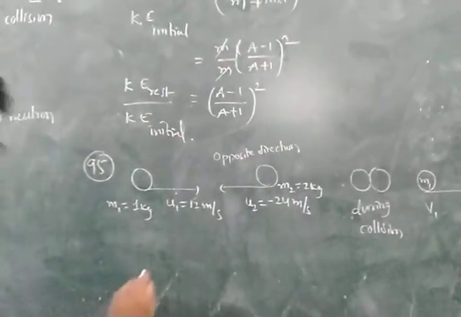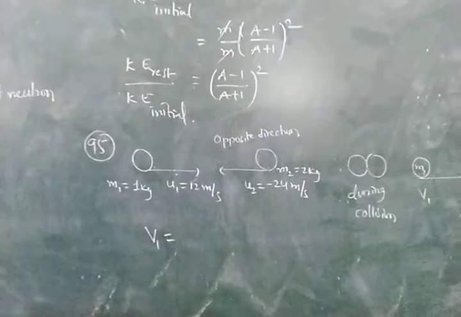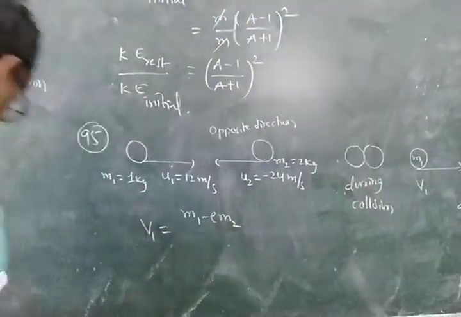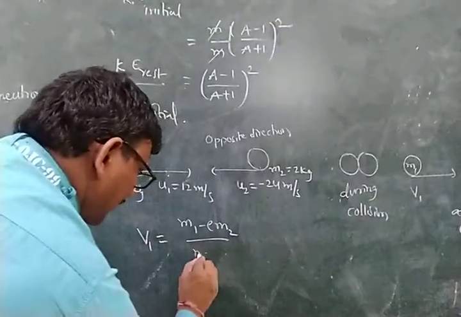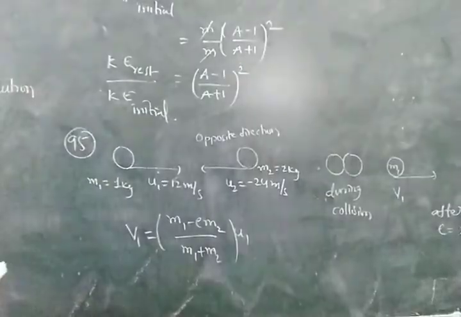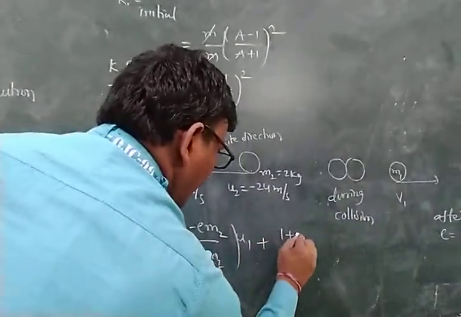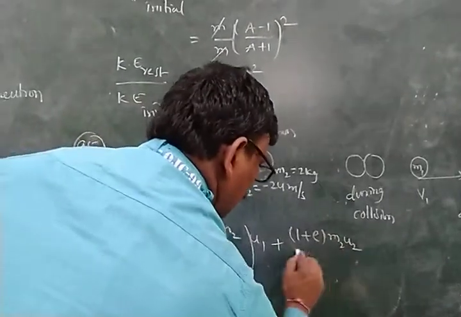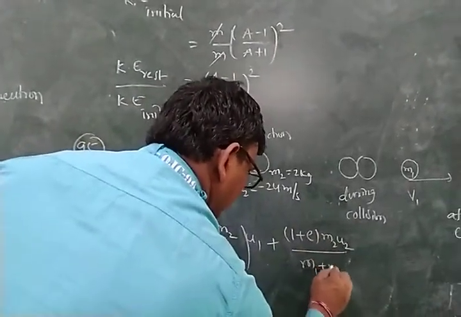We know that v1 is equal to m1 minus E m2 by m1 plus m2 into u1 plus 1 plus E into m2 into u2 by m1 plus m2.